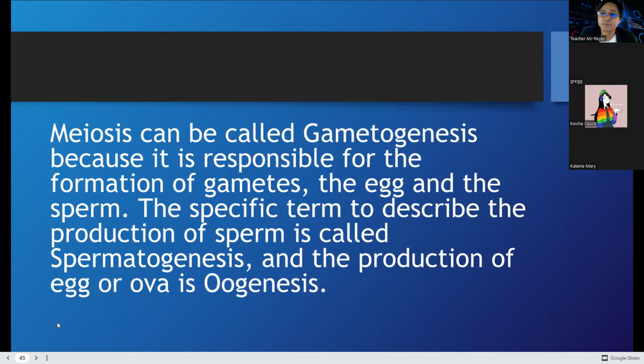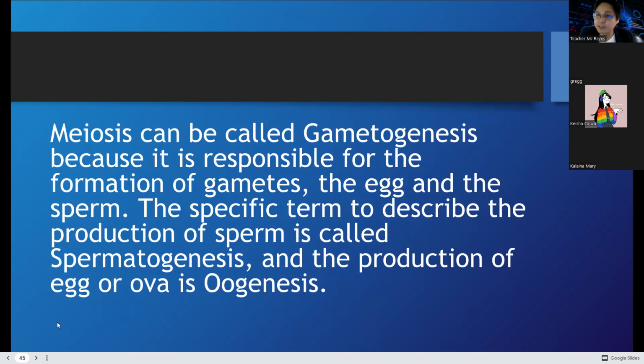Those are the gametes. The specific term to describe the production of sperm is called spermatogenesis, because it is the production of sperm from spermatogonium or spermatogonia. That is the source, or the parent cell, of sperms. And the production of ova or egg is called oogenesis, from oogonium or oogonia.